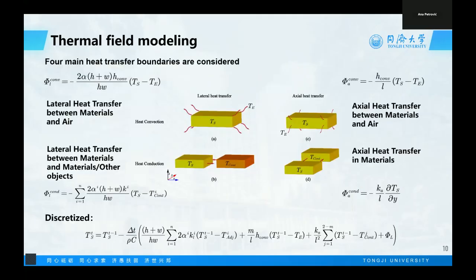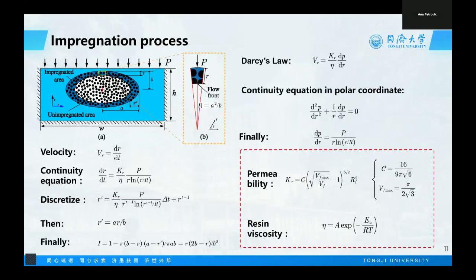The 6 kinds of heat transfer boundaries are divided into 4 main types in the thermal field modeling, and the corresponding volume heat sources are calculated. Then the governing equation of heat transfer is solved discretely for the subsequent numerical simulations.